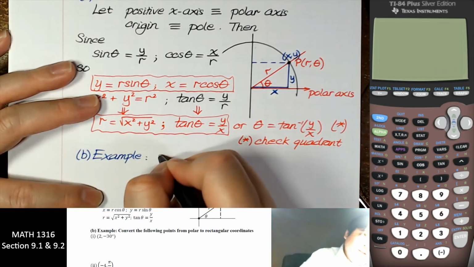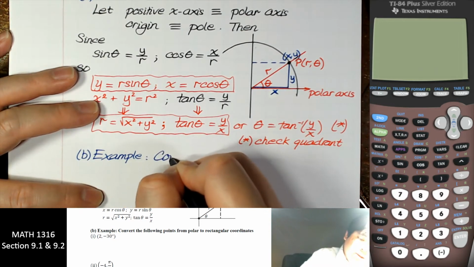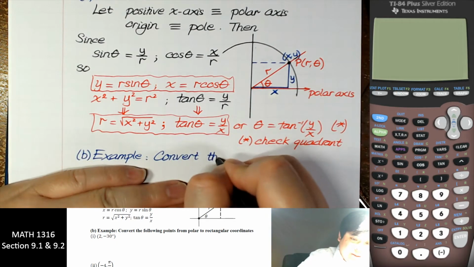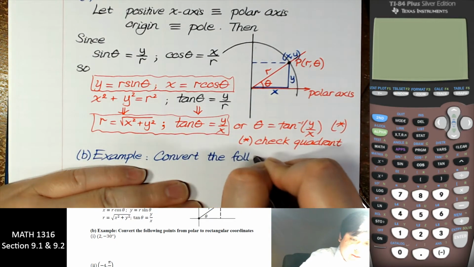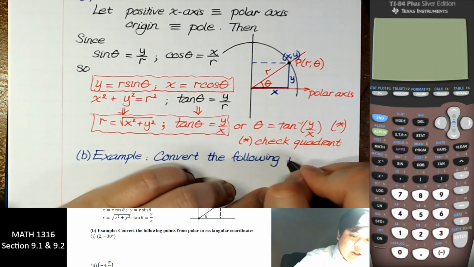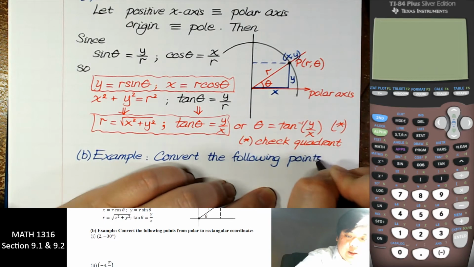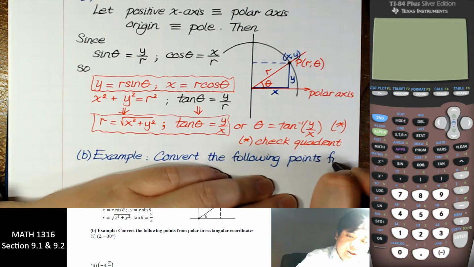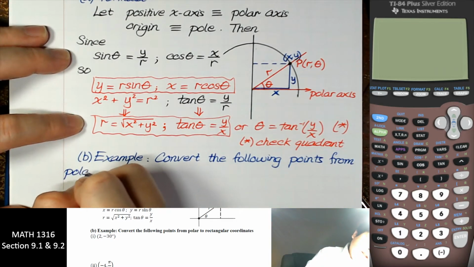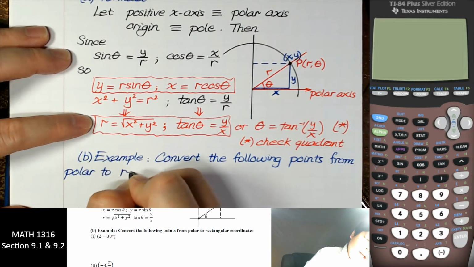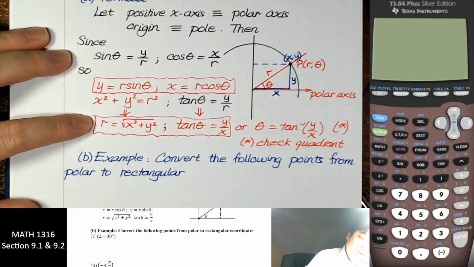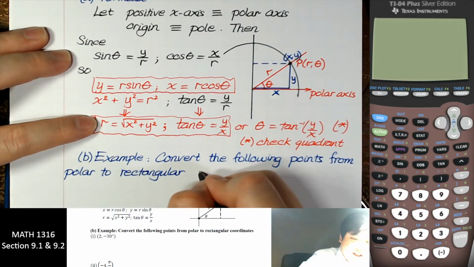Right. Example. Convert the following points from polar to rectangular coordinates.